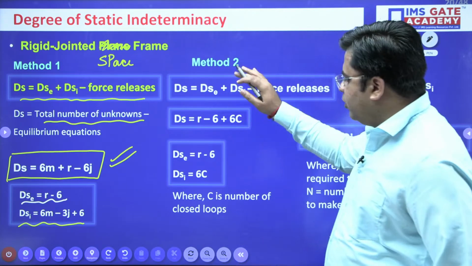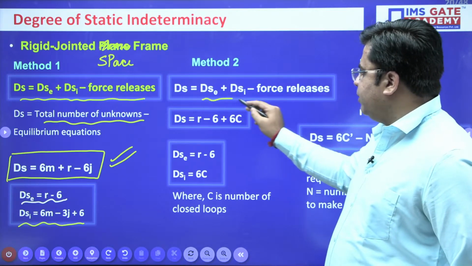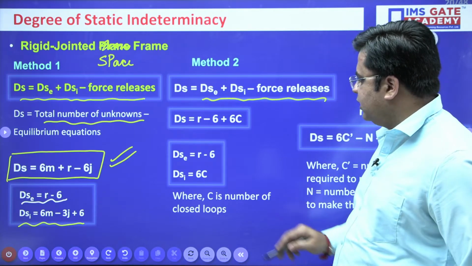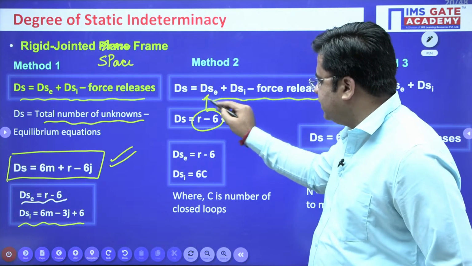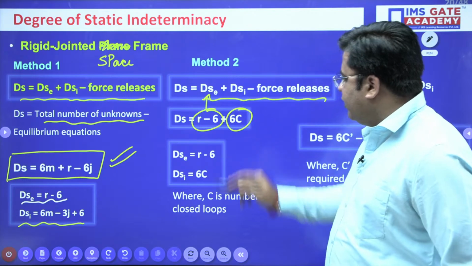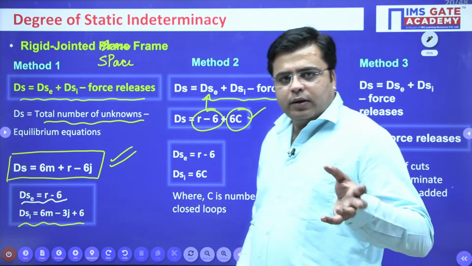Now, talking about method number 2, here also ds is equal to dse plus dsi minus force releases. Your dse is equal to r minus 6, that is your external indeterminacy, and dsi is equal to 6c, where c is the total number of closed loops present in the structure.